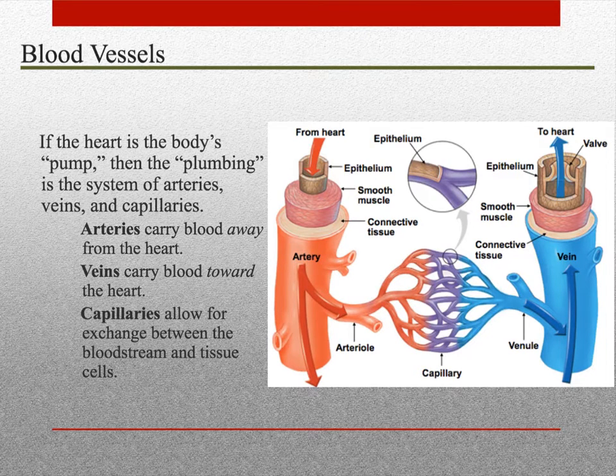The veins carry blood towards the heart, and the capillaries allow for that exchange between the blood and the tissue. Your capillaries are going to be your tinier blood vessels, kind of at the end of your fingers and your toes, where the blood then meets and goes back to the heart. So these are going to be your extremities, your legs, your arms.